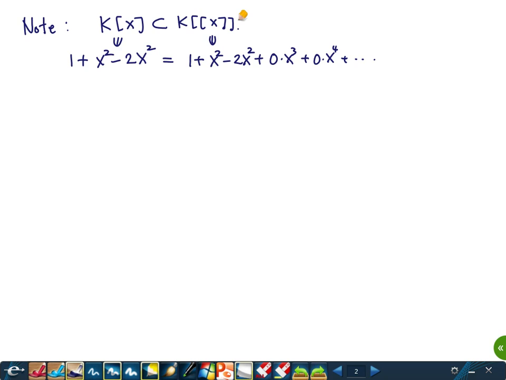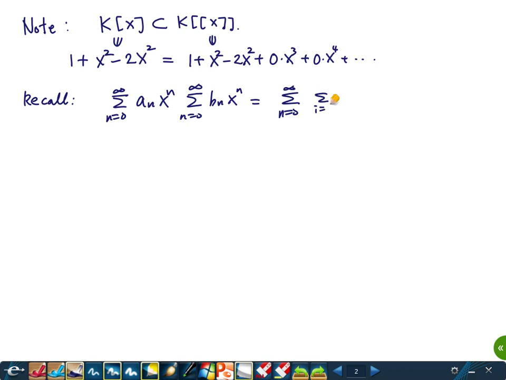And in combinatorics, there are several ways to write the coefficient. Usually, recall an xn, bn xn, these are multiplied like this. But sometimes we want to use another form called exponential generating function.